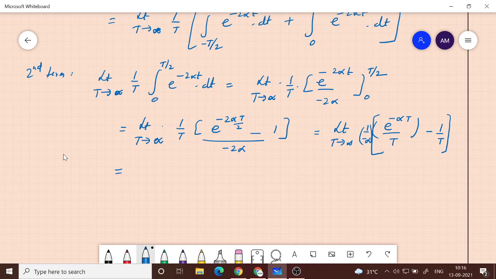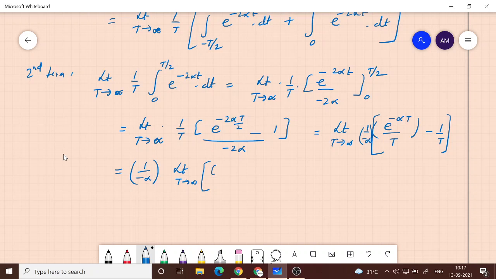In order to see how the first term goes, you can take 1 by minus alpha outside, and limit t tends to infinity. So if I expand e raised to minus alpha t, how does it look?